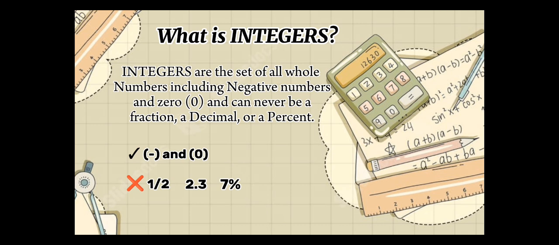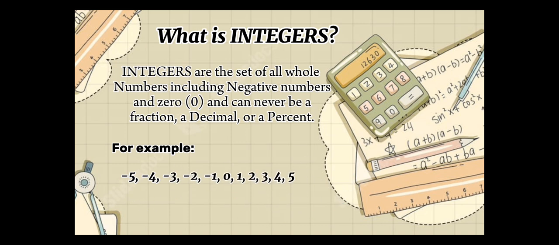So, when we say integers, included here yung zero and yung mga negative numbers, basta lahat whole numbers. For example, negative 5, negative 4, negative 3, negative 2, negative 1, 0, 1, 2, 3, 4, and 5.